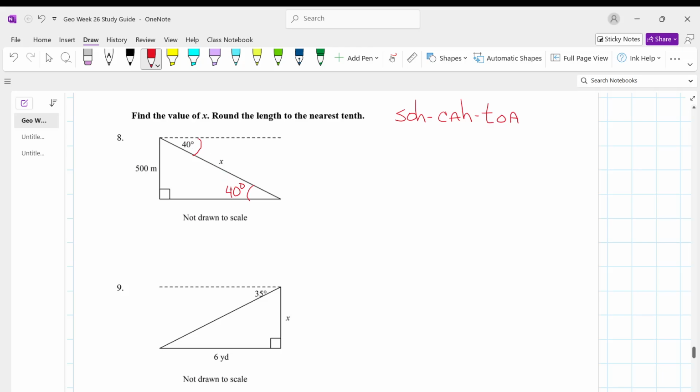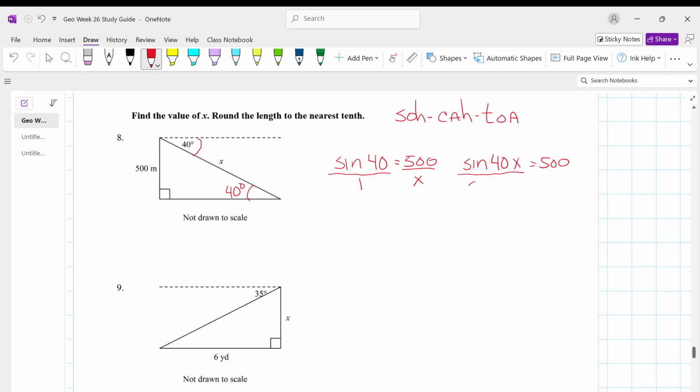They're alternate interior angles. And now in relation to this angle, we have opposite, and we're looking for the hypotenuse. So sine 40 equals the opposite side over the hypotenuse. Crisscross multiply. Sine 40 times x equals 500.